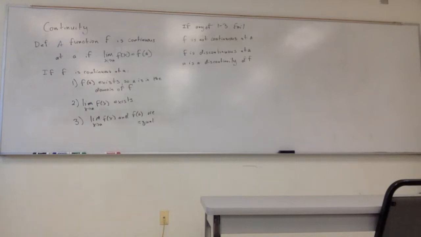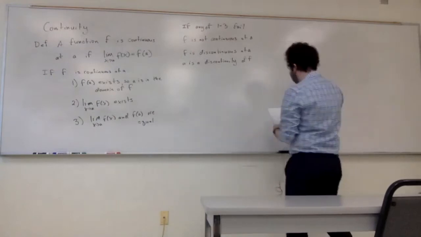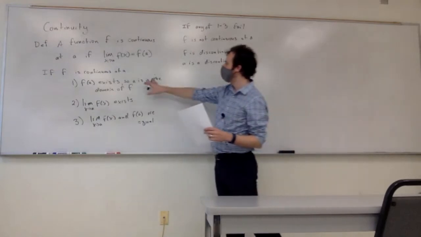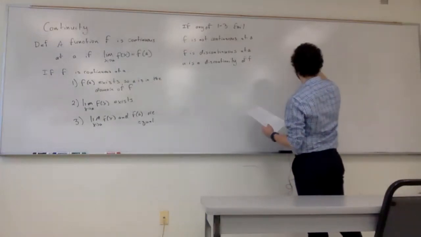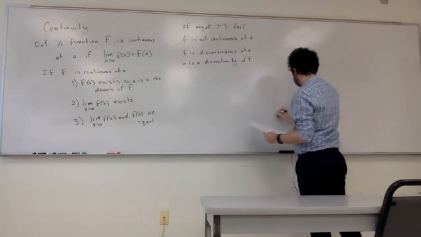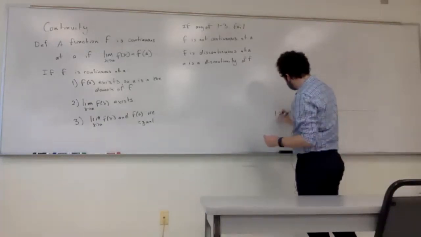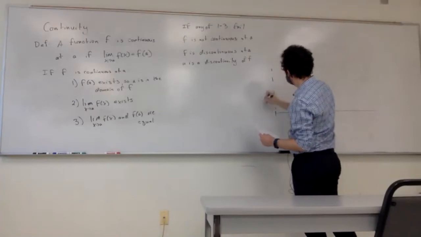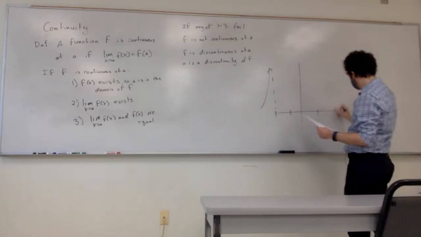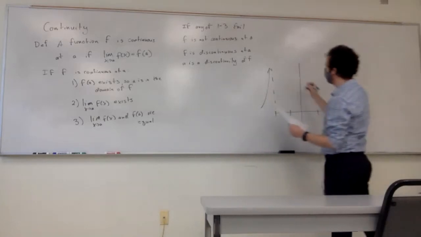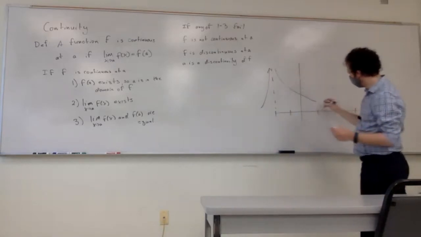And how we can start is by looking at a picture and thinking about graphically, how do these things appear? So here's a big function. We'll say, got something there. And then we come down and we're here.